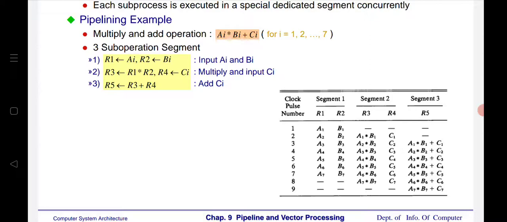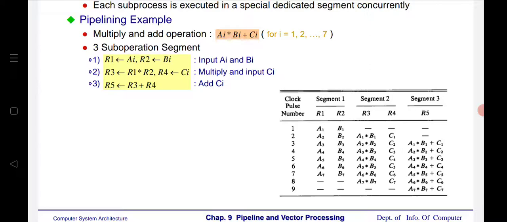In the third clock pulse, I am moving the data A3 and B3 into R1 and R2, and the previous values A2 and B2 will be multiplied and the result will be stored in the R3 register, and at the same time the C2 value will be moved into the R4 register. At the same time, we are going to perform the third operation, that is R3 plus R4, and the result will be stored in R5.